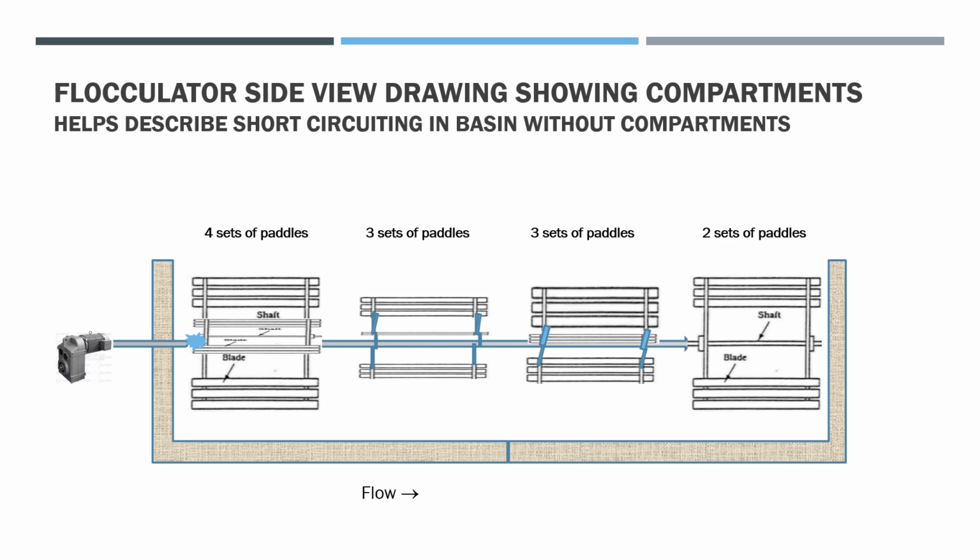The idea of a flocculator is to try to force all of the water to stay in there as close to the 30 minutes as possible. Now, how do they do that? They do that by putting in compartments. So now, when the water enters the flocculator, it's got to go down underneath the compartment in the first one as it goes through the paddles, come up under the second set of paddles, go up over the compartment baffle wall, back into the third compartment, and up over the wall, in the fourth compartment, and over to the sedimentation basins.